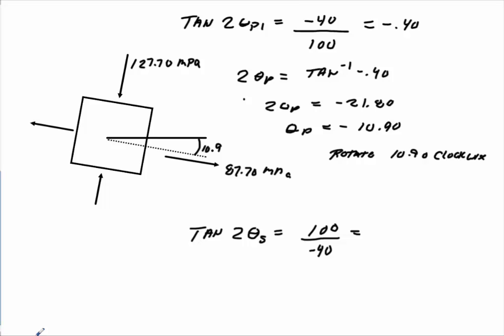So here, let's go ahead and rewrite this too. We want to say that 2 theta shear is equal to the inverse tan. I'll leave the negative down in the denominator. Typically you don't do that, but that's alright. 100 divided by negative 40.